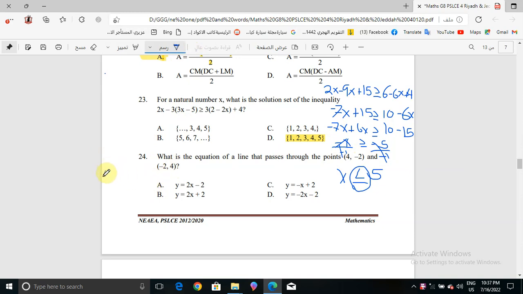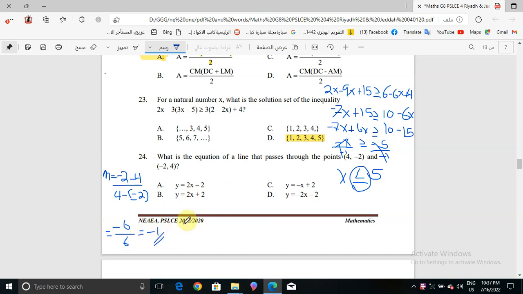Then the formula of slope will be negative 2 minus 4 over 4 minus, in bracket, negative 2. So that means we will get negative 6 over 6, right? So the answer will be negative 1.